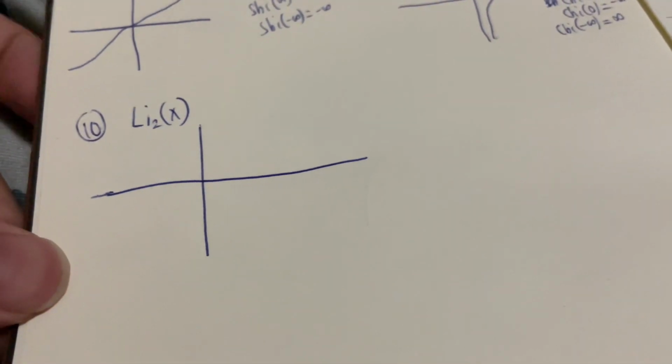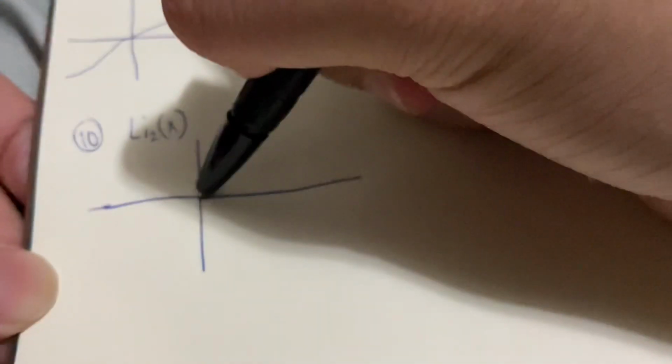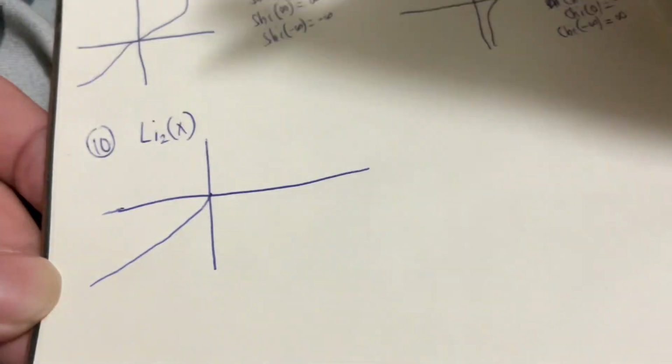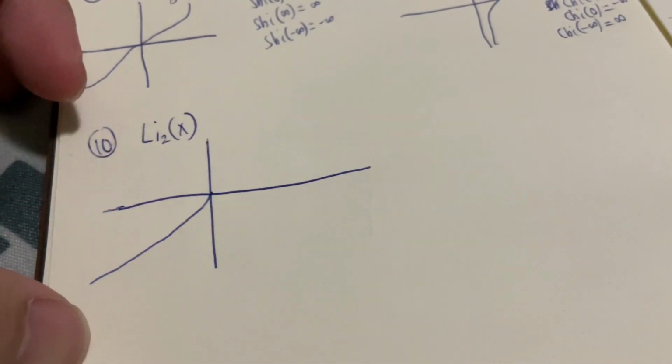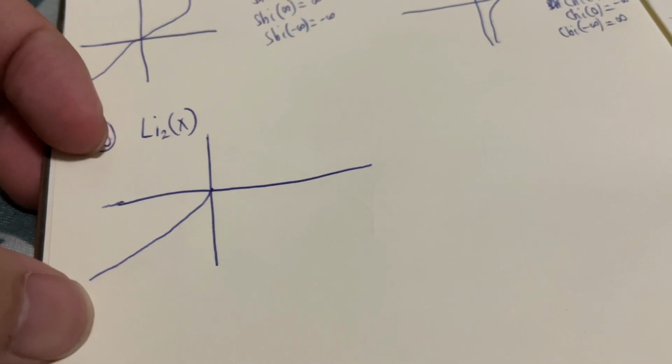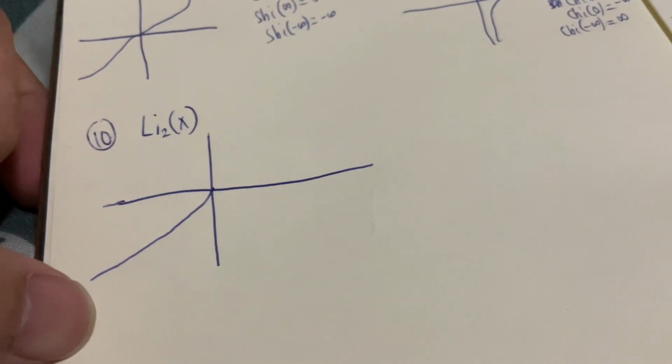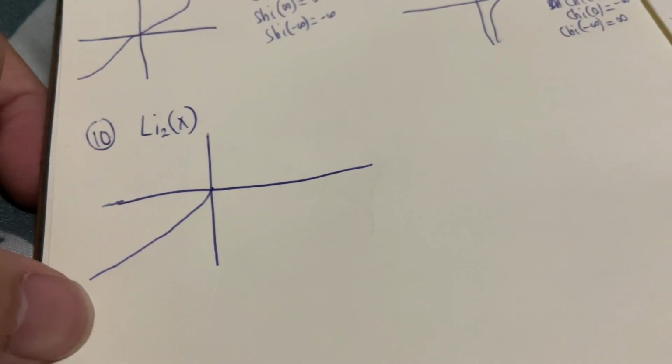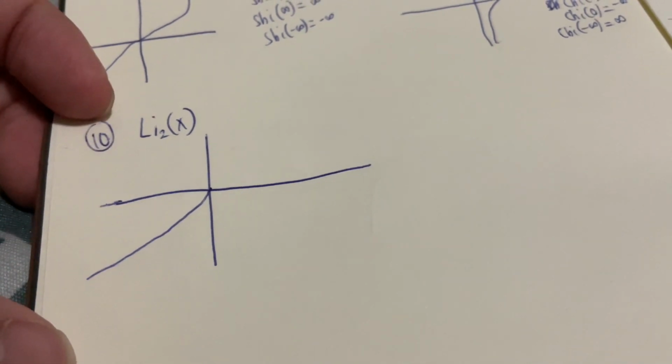Let me talk about the negative part at first. When x is approaching negative infinity, its value is approaching negative infinity.